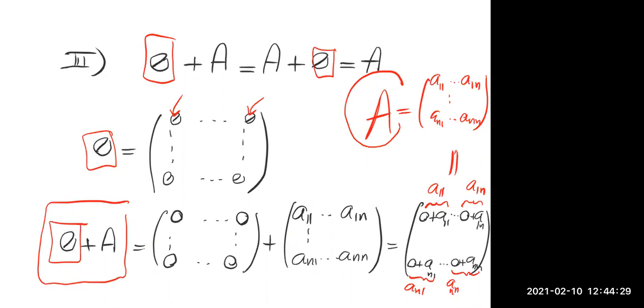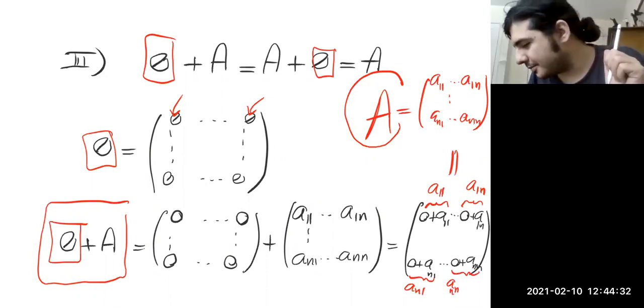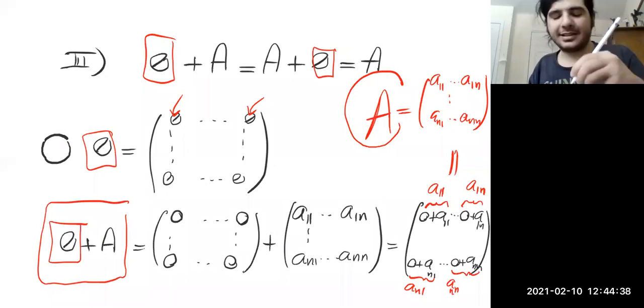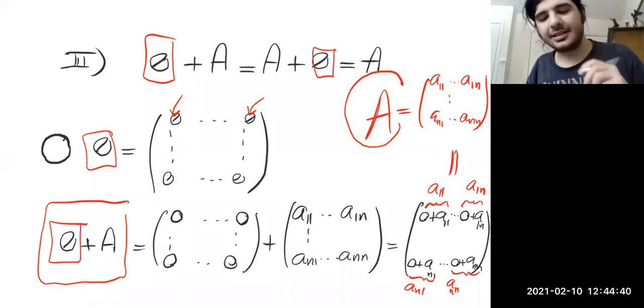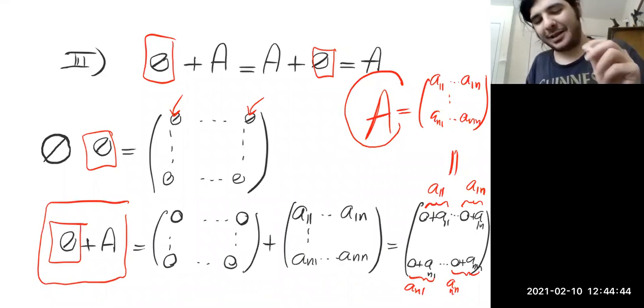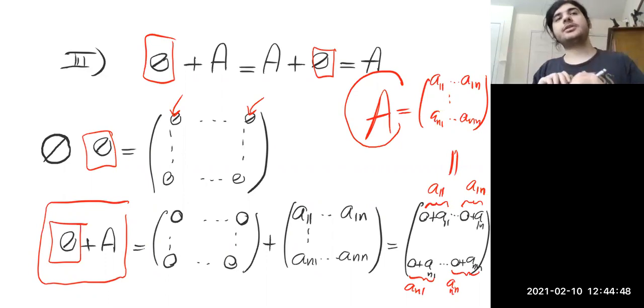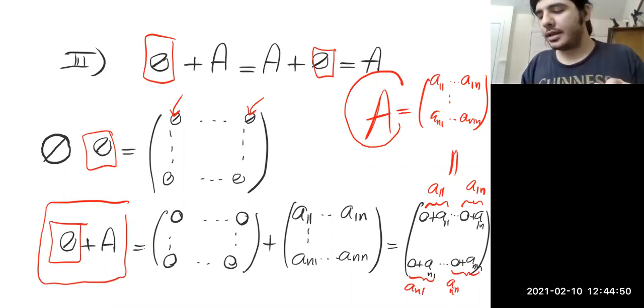Maybe you could bold it. Boldface it, yeah, maybe a little bit bigger, something like this. A little bold and bigger. So one is 0 as a matrix, one is 0 as a number.